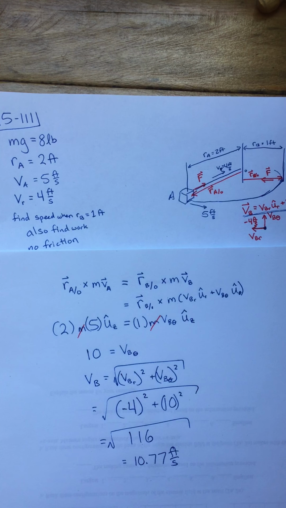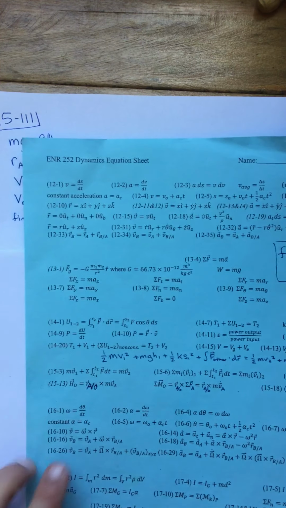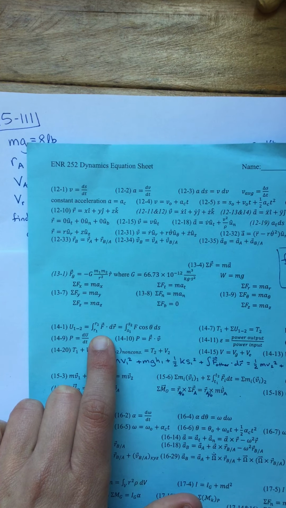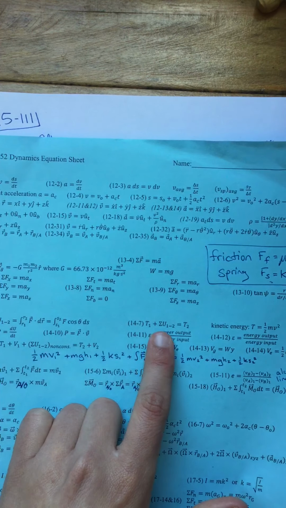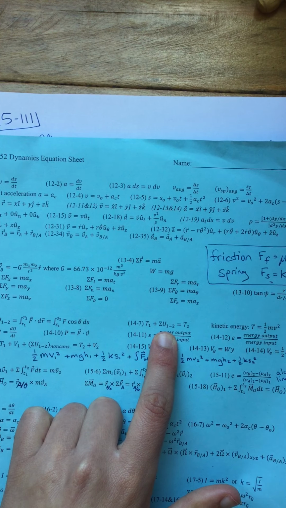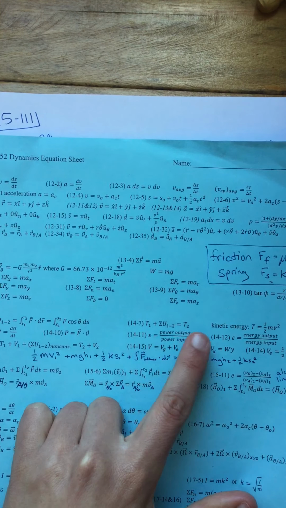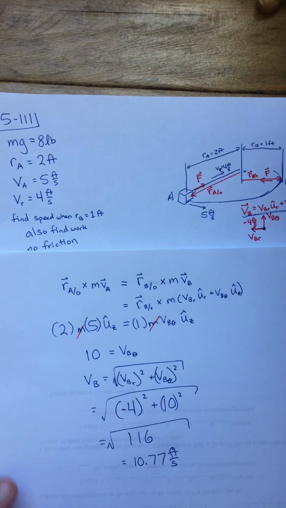Okay, so then we also want to find the work that's done. There's two ways that I can find the work that's done. I can use the definition of work where I'm doing an integral here, or I can just say the work done is equal to the change in kinetic energy if I bring the T1 over to this side. So that's what I'm going to do here.